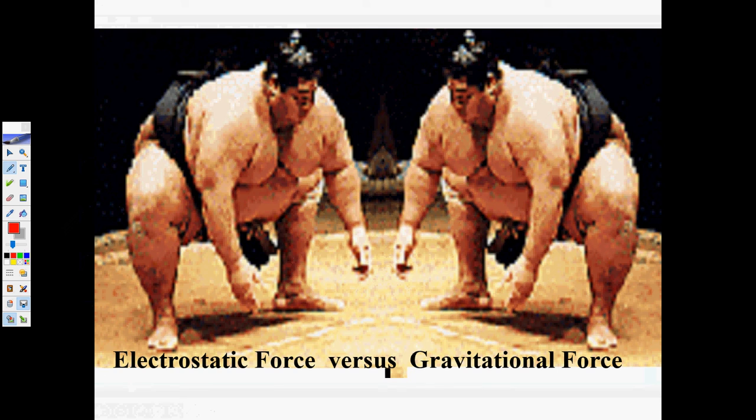The big showdown between the electrostatic force and the gravitational force. And the question is, which one has a greater magnitude? Which one is the stronger force and which one is the weaker force?